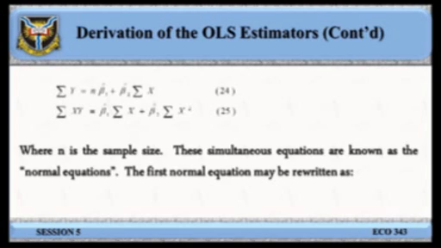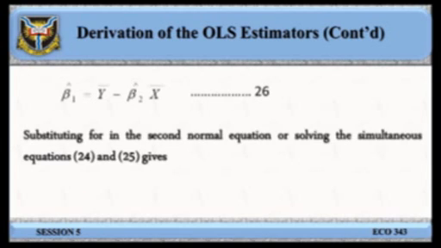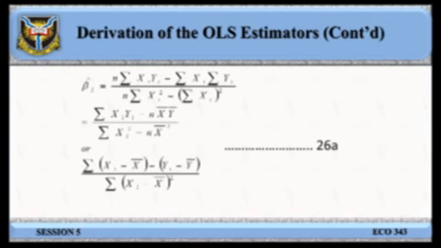The first normal equation may be rewritten as beta 1 estimator is equal to y bar minus beta 2 estimator x bar, equation 26. Substituting for beta 1 estimator in the second normal equation, or solving the simultaneous equations 24 and 25, gives the equation below.